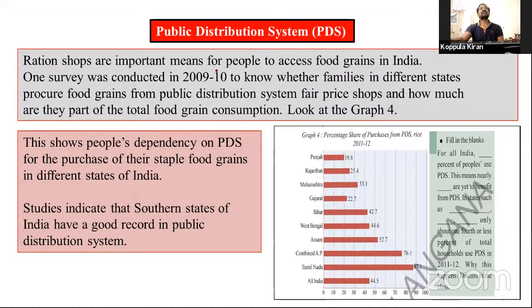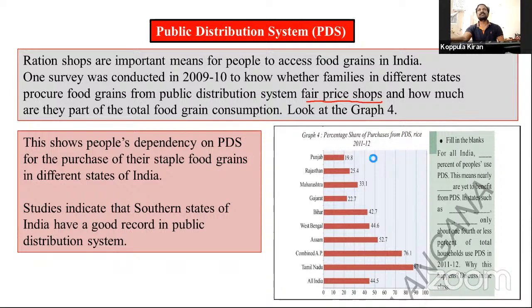Ration shops are an important means for people to access food grains in India. One survey was conducted in 2009-10 to know whether families in different states procure food grains from the public distribution system, fair price shops. What are fair price shops? These are the ration shops. And how much are they part of the total food grain consumption?